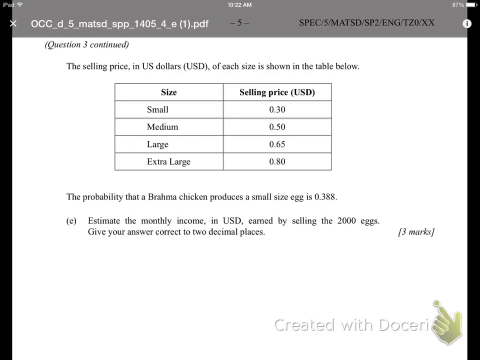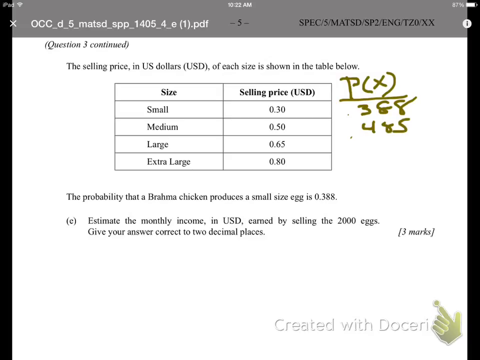Okay, so what they want us to do is estimate about selling all these eggs. So we have the selling price. What I'm going to do is write down the probabilities. They tell us that the probability of a small egg is 0.388. We found the probability of a medium egg. What was that, 0.485?